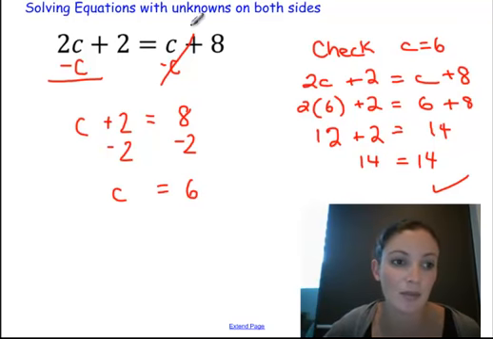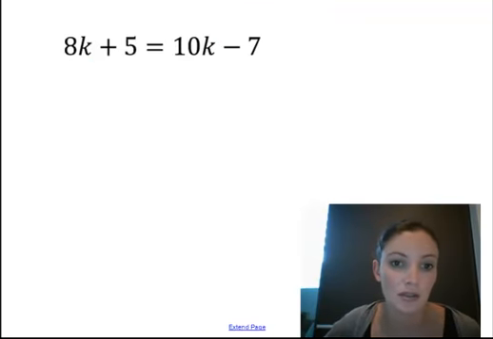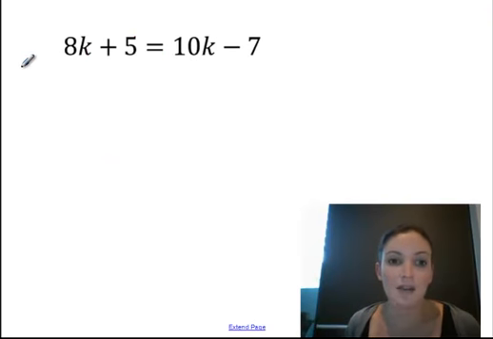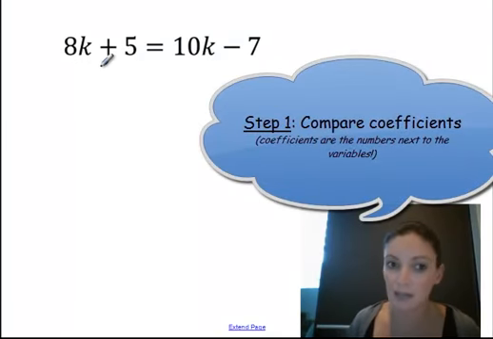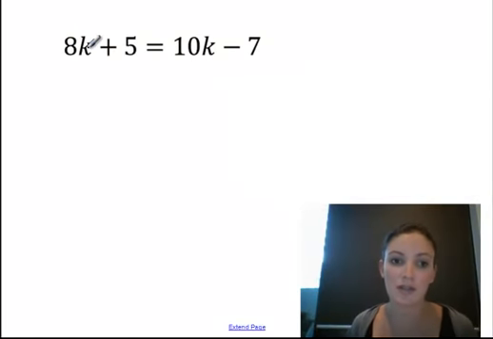Okay, let's look at example 2. This time I've got 8k + 5 = 10k - 7. So remember, step 1 is to look at the coefficient, or the number, beside each of those variables. So I've got 8k's here, and I've got 10k's here.